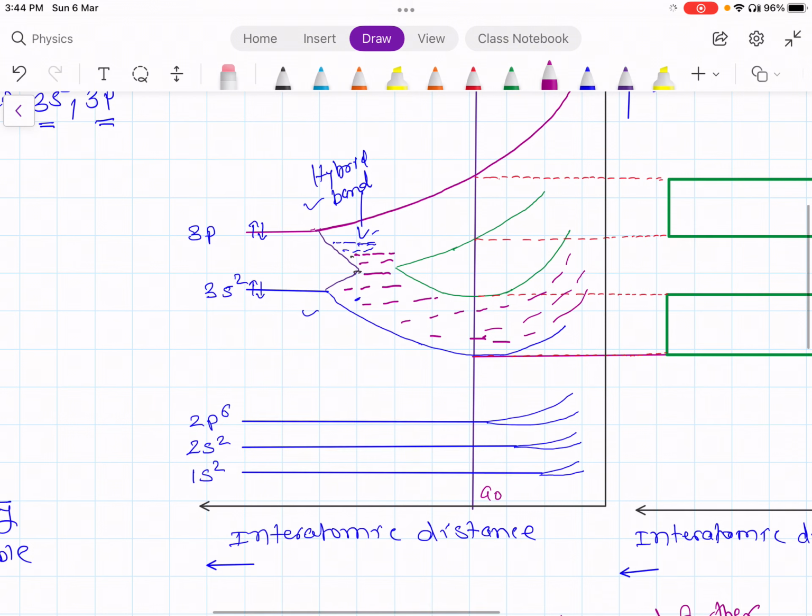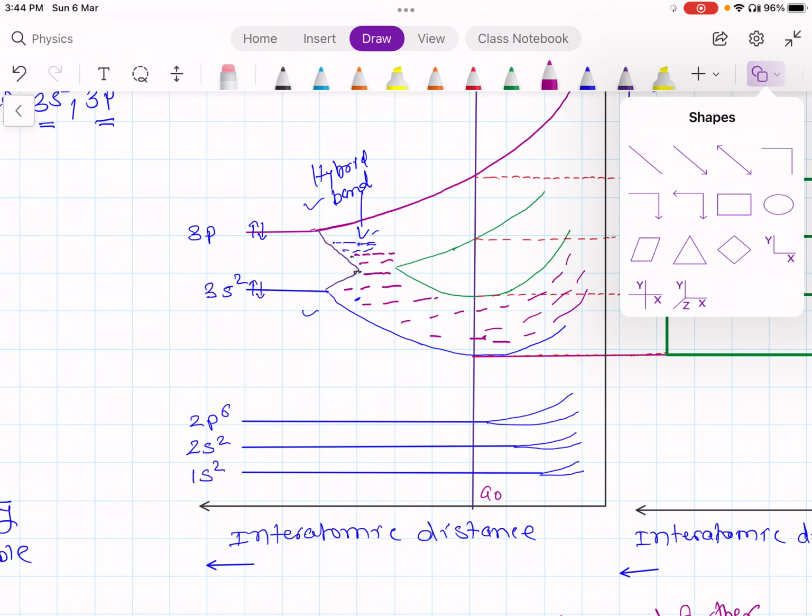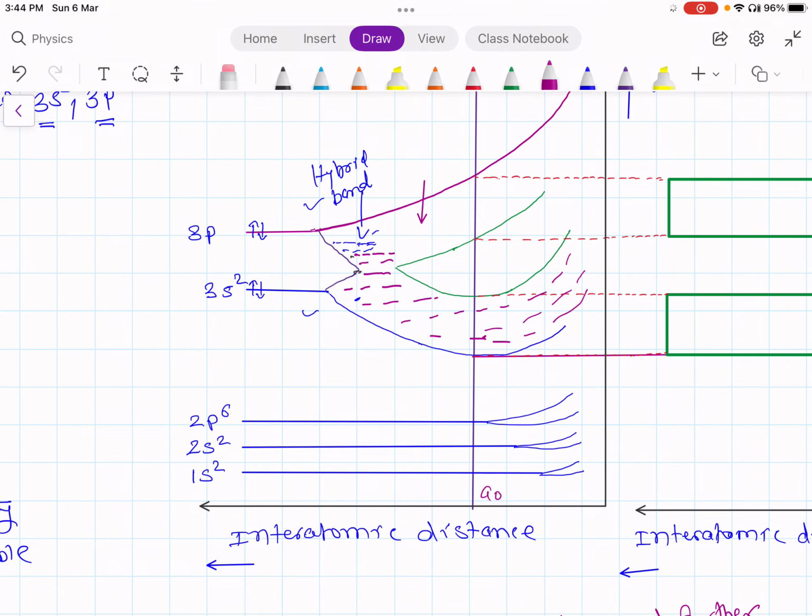Let us call them lower and upper band. In the diagram, this is the upper band, and this is the lower band. So this hybrid band or composite band, as you can see in the diagram, splits into two equal bands.